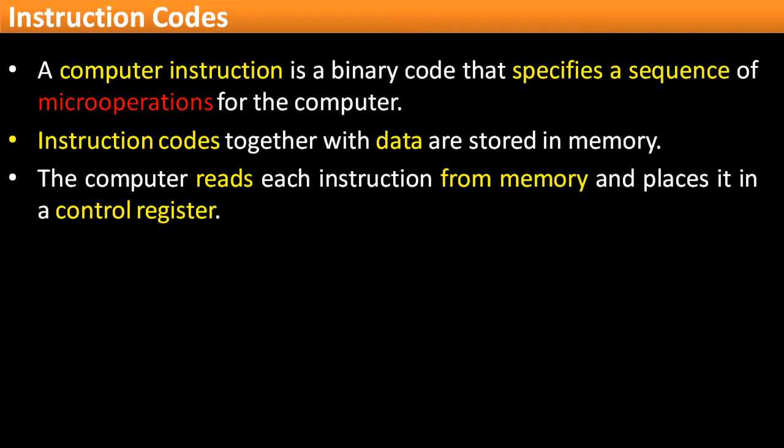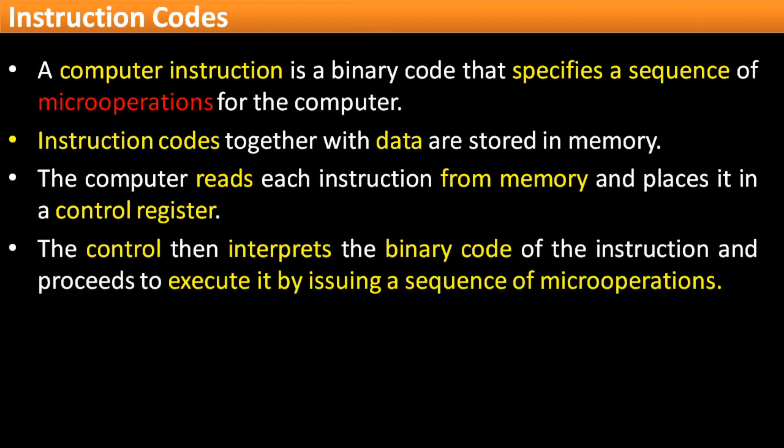The computer reads each instruction one by one from the memory until it encounters a jump instruction, and places that into the control register where it is actually decoded.